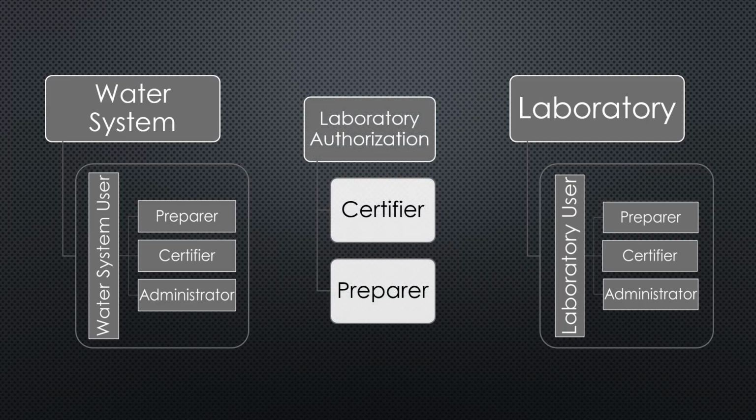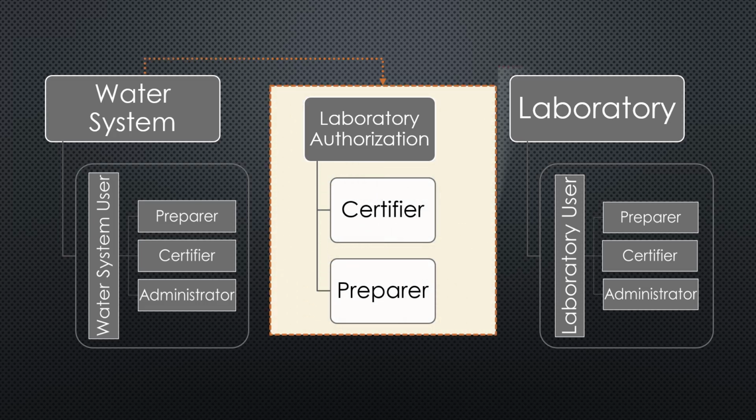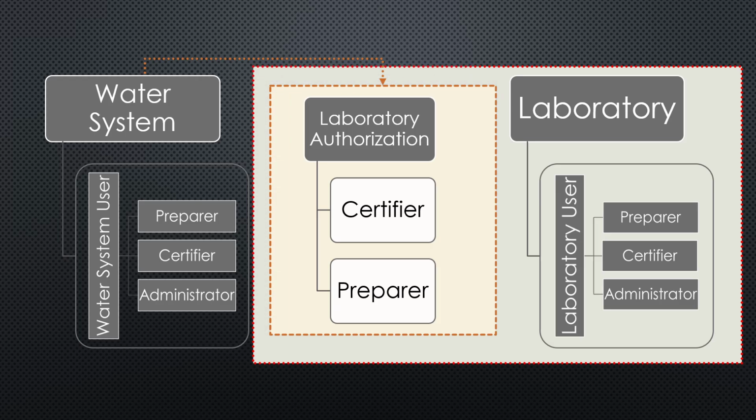Once a water system has authorized a laboratory to perform actions on its behalf as either a certifier or a preparer, any users of that laboratory can then perform actions on the water system's behalf, according to their own privileges within the system and limited by the overall laboratory's permissions for that particular water system.